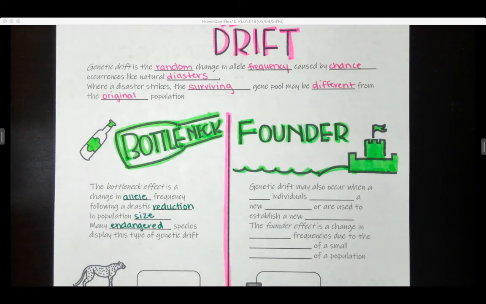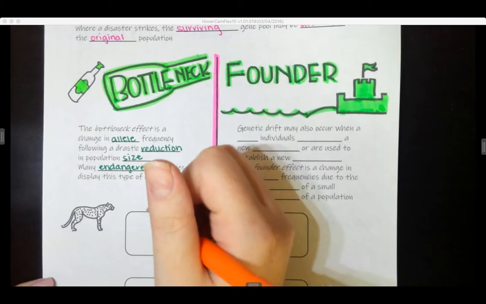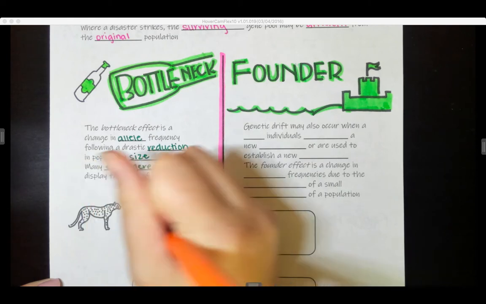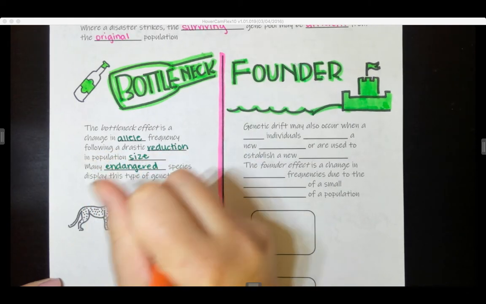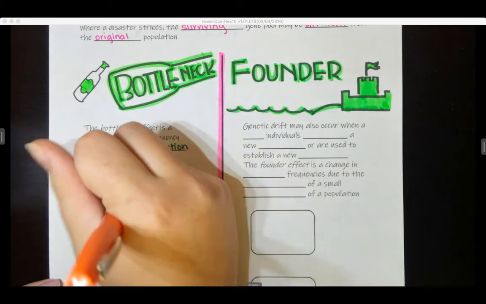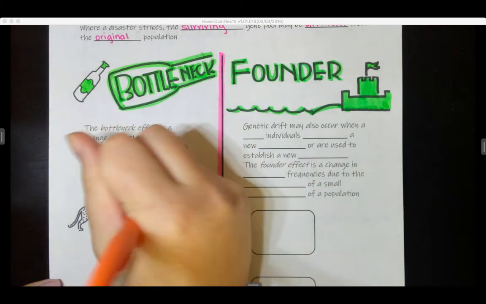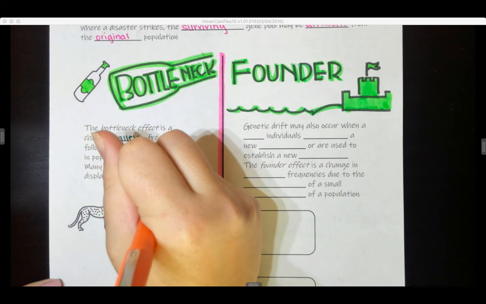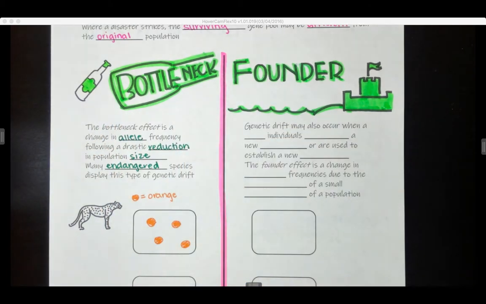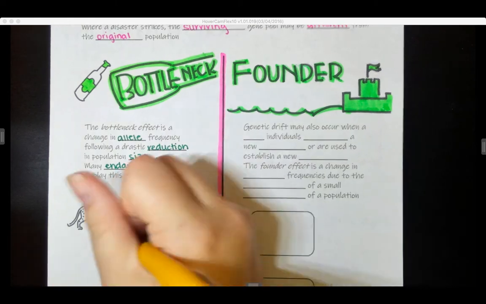So we can draw a storyboard for this idea. Let me go ahead and get some other colors. So let's go ahead and say that we started with a population of these cheetahs, and some of the cheetahs were orange, and some of the cheetahs were yellow.